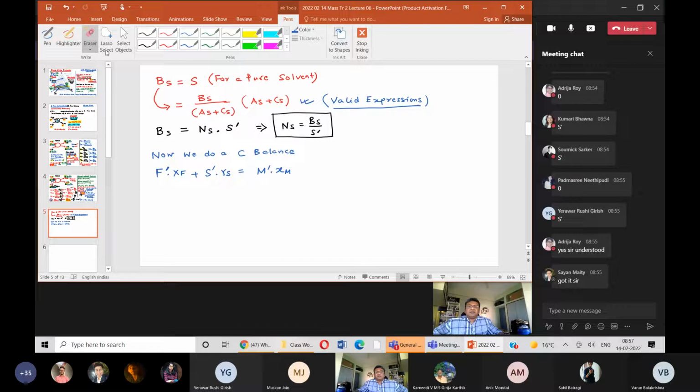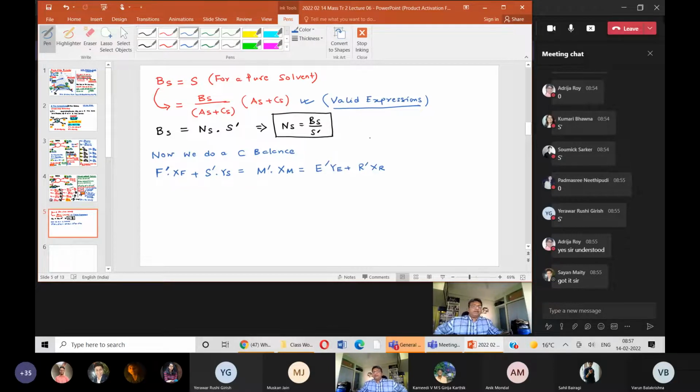Sorry, be very careful about this small and capital. Even I made a mistake here, you can see. XM is equal to E dash YE plus R dash XR. Okay.